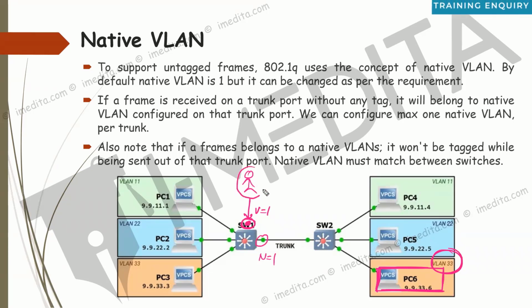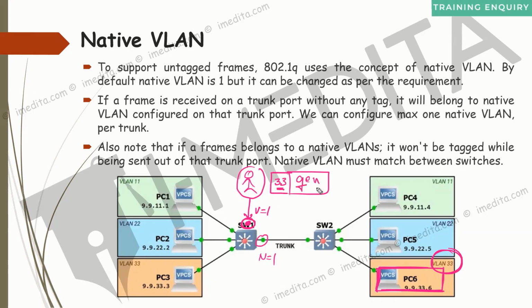This attacker generates some traffic, which includes some malware, some malicious traffic. And this attacker itself is going to tag that traffic with VLAN number 33. Ideally, the end users do not send tagged traffic, but this attacker is using some sort of tool to tag that traffic with VLAN ID number 33.